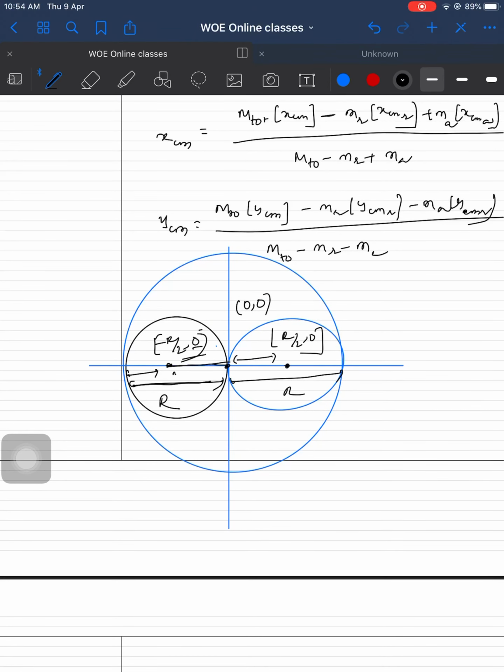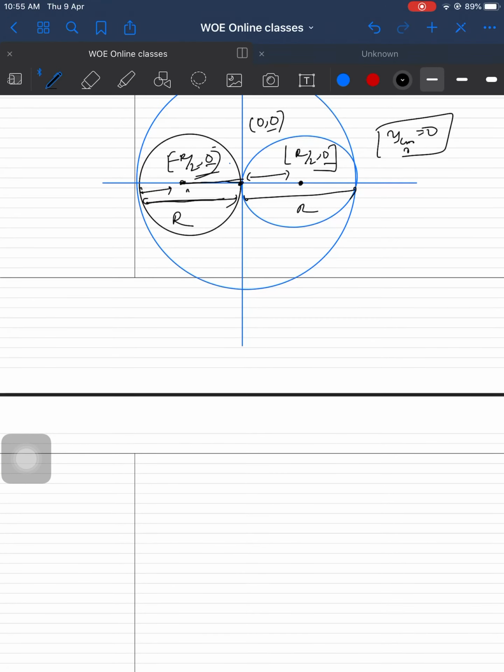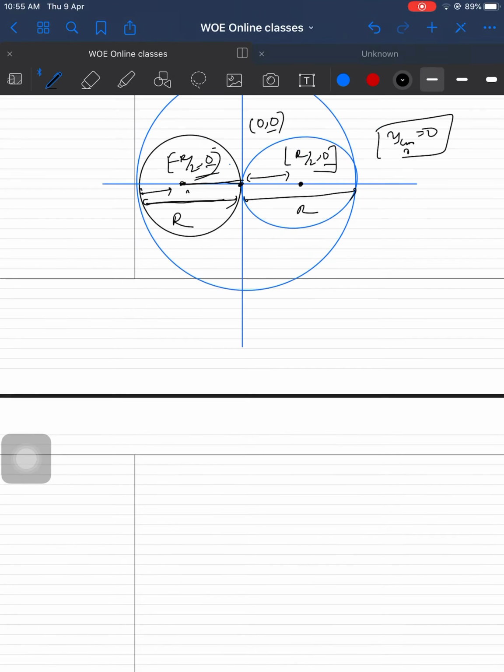Y center of mass 0, removed part 0, added part 0, initially 0, so there is no change in y center of mass. Y center of mass remains as it is. But X center of mass will change. Let's find the new x center of mass.